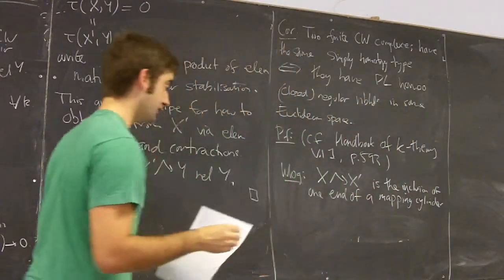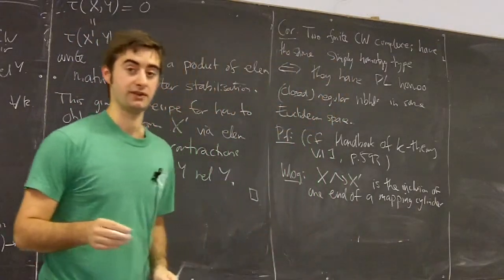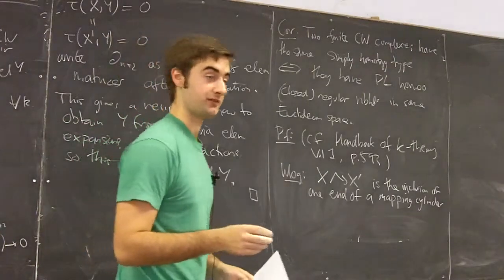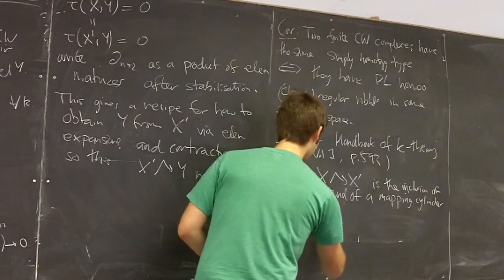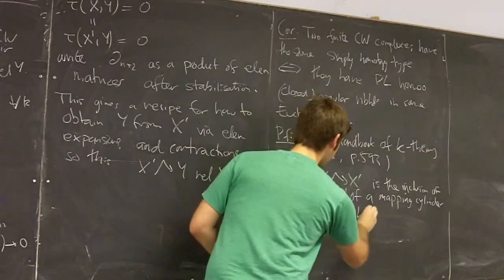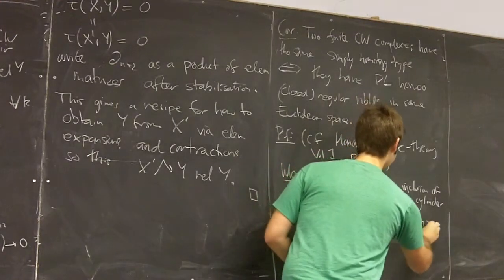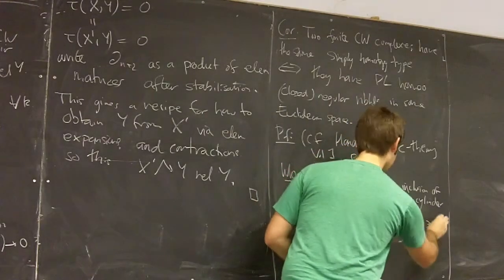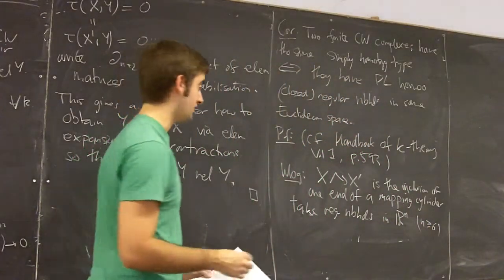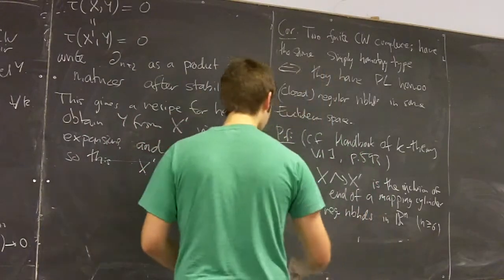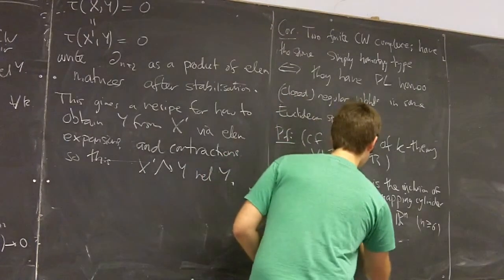Then we take regular neighborhoods in Rn for n big enough, certainly bigger than or equal to 6, because the cobordism has to be in dimension 6 or higher, so we can apply the s-cobordism theorem, and of the mapping cylinder.